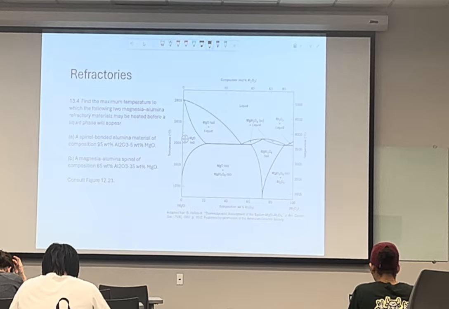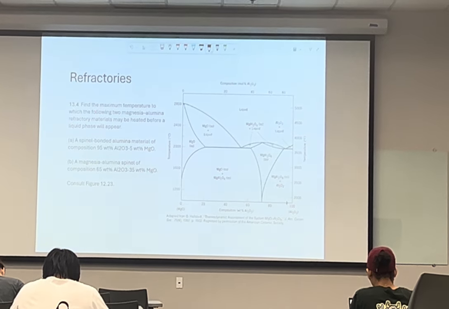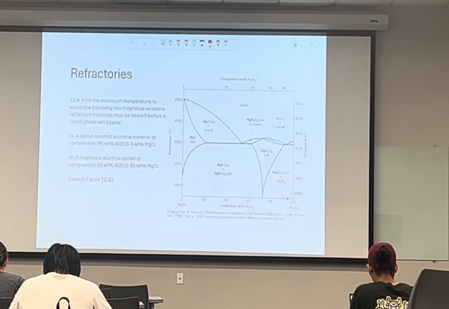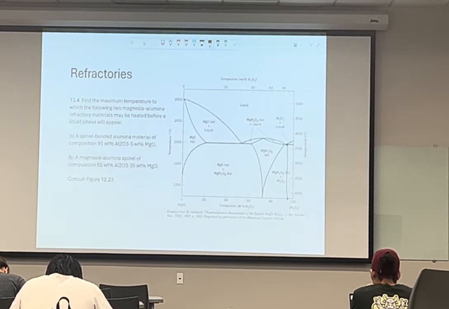Okay, so for part A, looking at the figure, if we take into account the 95 weight percent, which should be around right here. Basically, how far can we go before we hit a liquid phase? If we travel up, my line is not very straight, we hit that boundary between the solid and liquid phase at that point.